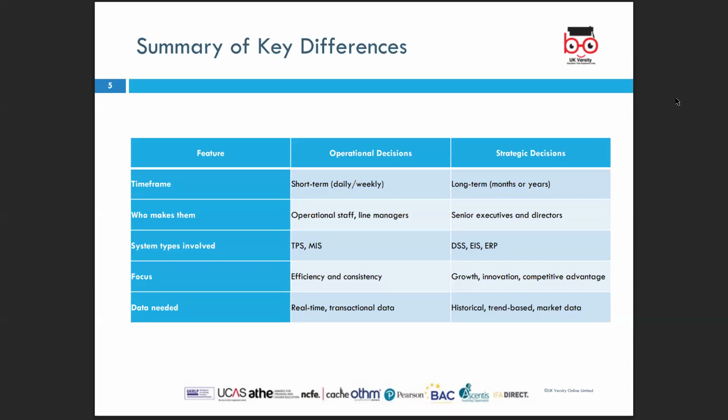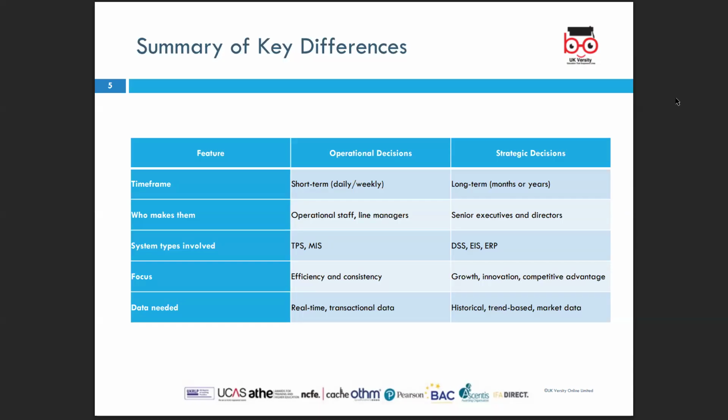System types involved. For our operational decisions, we have TPS and MIS, while for strategic, we have DSS, EIS, and ERP. We also need to look into what we're going to focus on, the priority.